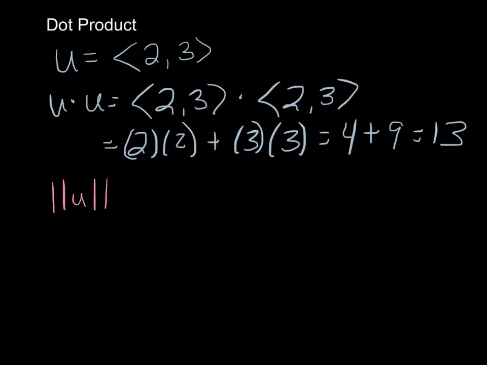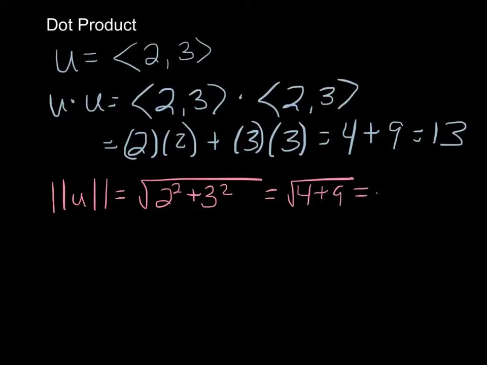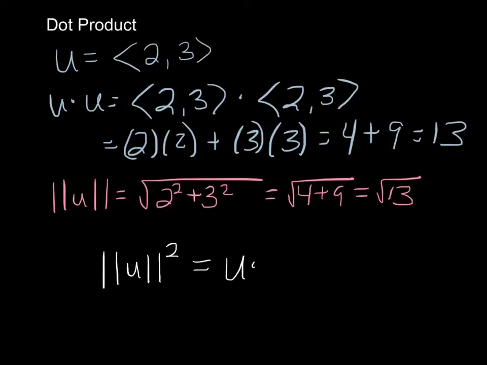If we find the magnitude of u, we get radical 13. So notice here we've got this relationship between the dot product being 13 and the magnitude being radical 13. And that relationship is, if we square the magnitude, we get the dot product of u with itself.